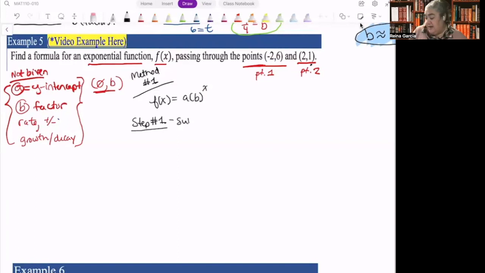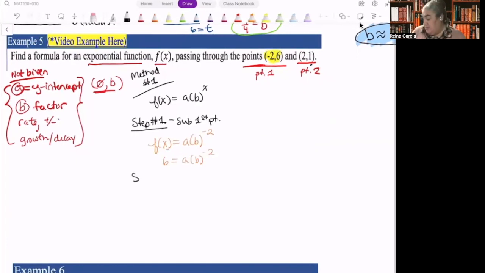Our first point is negative 2, 6. So we're going to go ahead and sub that in. We don't know what a is, we don't know what b is, but we do know that x here is negative 2. And we know that our output, or f of x, is 6. So that means that this is going to be 6 equals a times b to the negative 2. That's step 1.